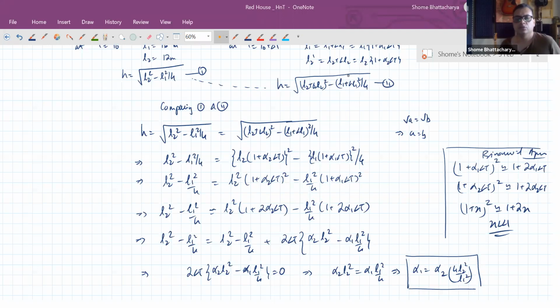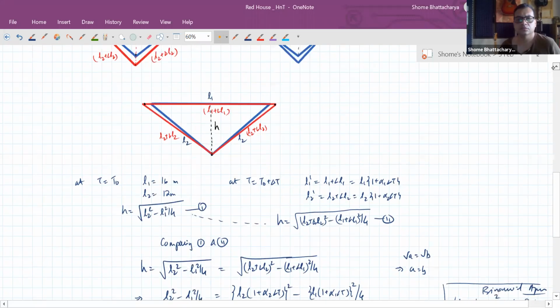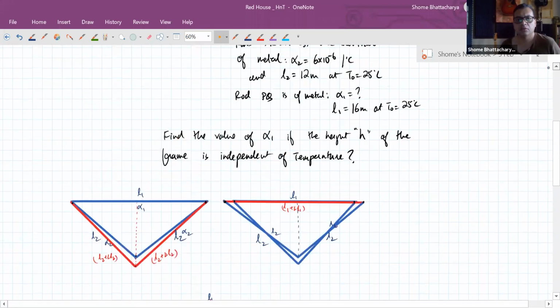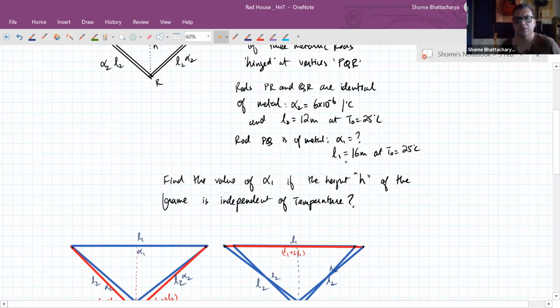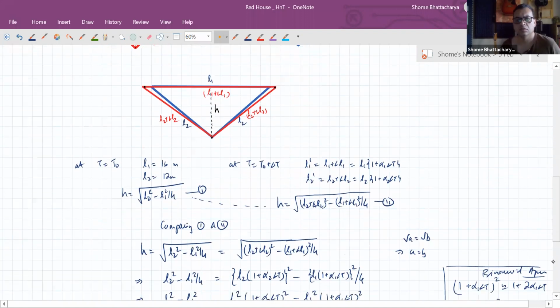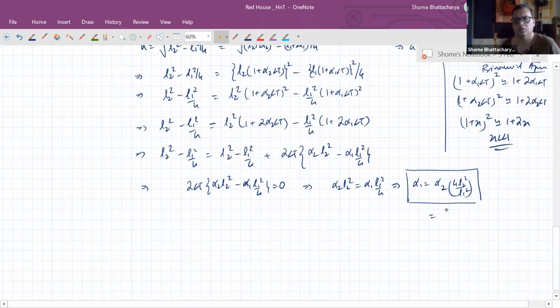So finally, what is the value that we are getting? Alpha 2 was 6 into 10 raised power minus 6, and L1 and L2 were 16 and 12, right? So 6 into 10 raised power minus 6 into 4 L2 square.